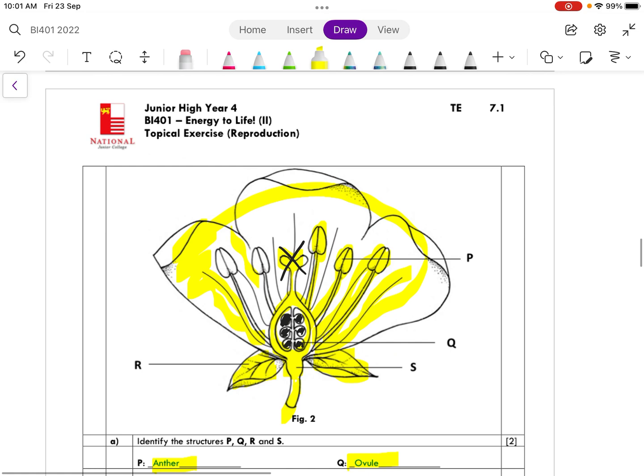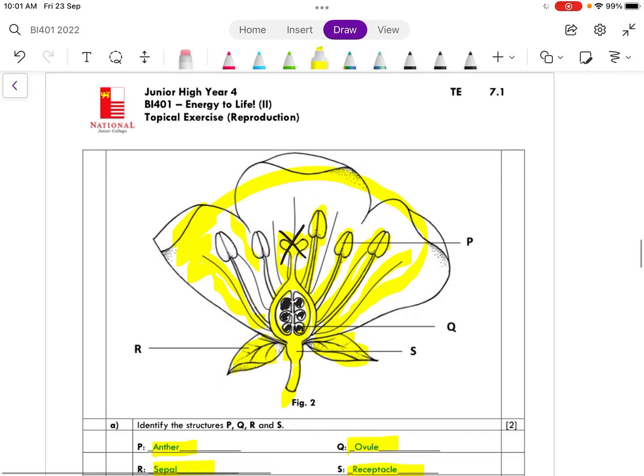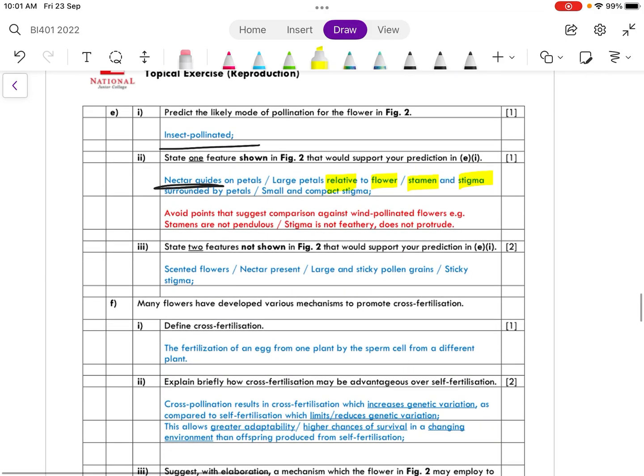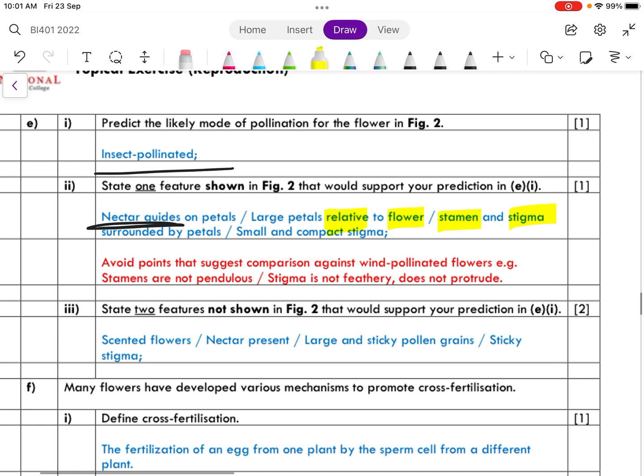So you look over here, stigma is small and compact. If it's wind pollinated, you expect the stigma to be longer, sticking out, so they can capture the pollen grain in the wind. I'd like to point out that when it asks you for a feature that supports the prediction, you shouldn't be sharing about features that cannot be seen here. So for example, don't say stamens are not pendulous, or that the stigma is not feathery, or does not protrude.